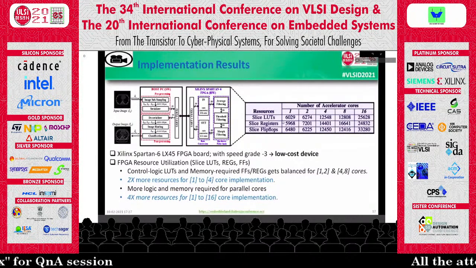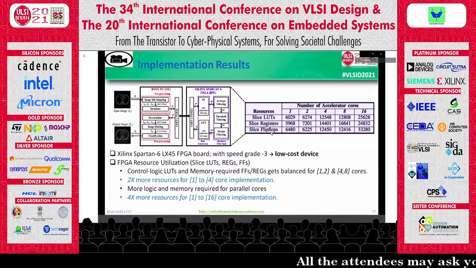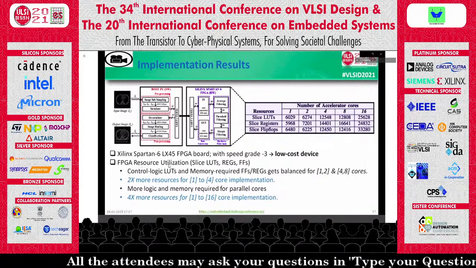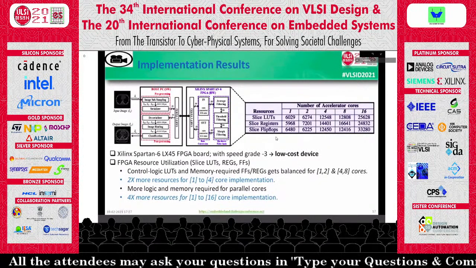And then with respect to that, the number of used slice registers and slice flip-flops. A Xilinx Spartan 6 LX45 FPGA board is used, a speed grade 3 low-cost device. FPGA resource utilization is shown here.